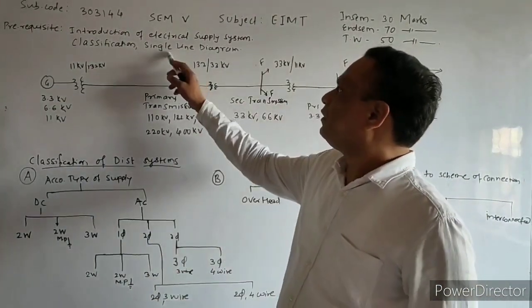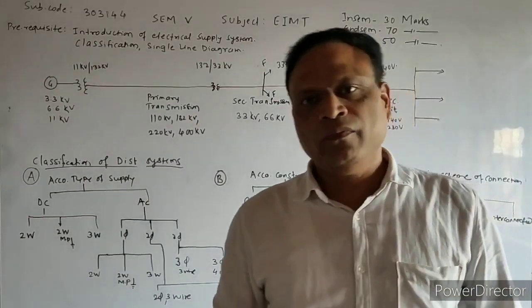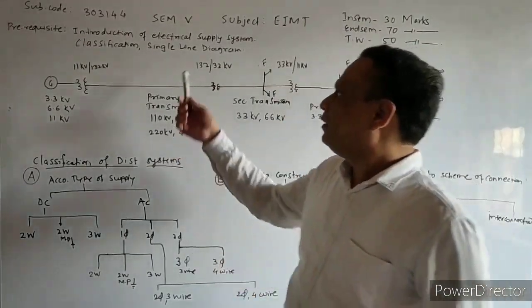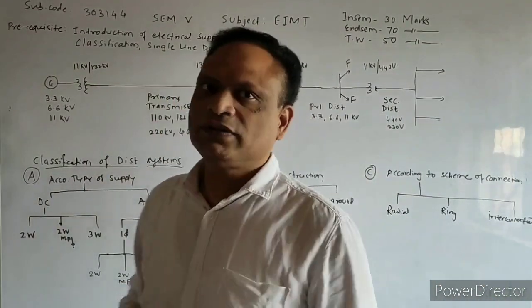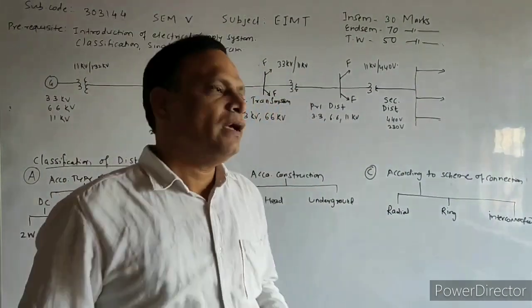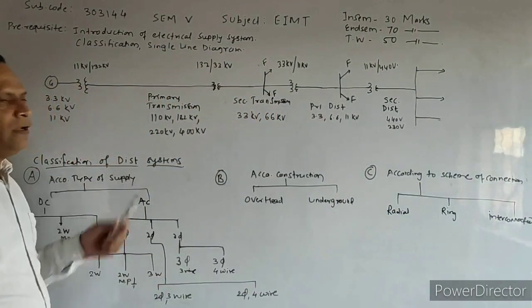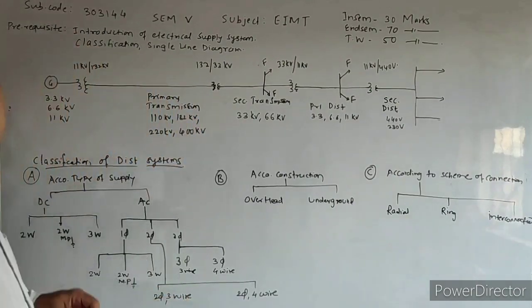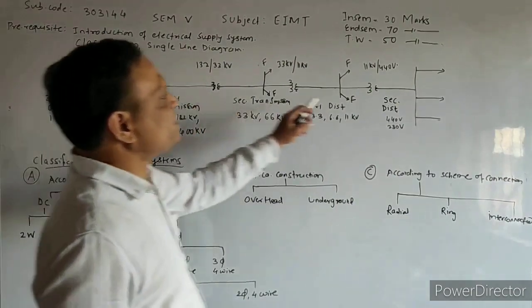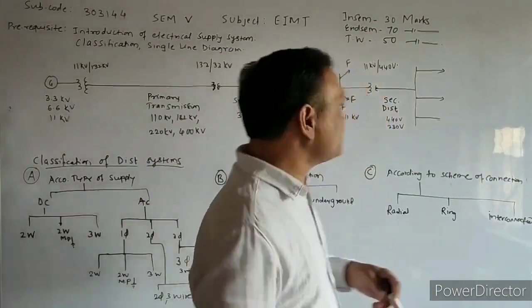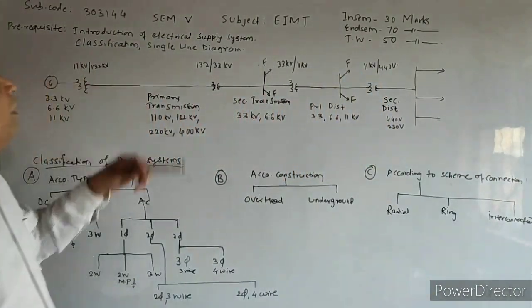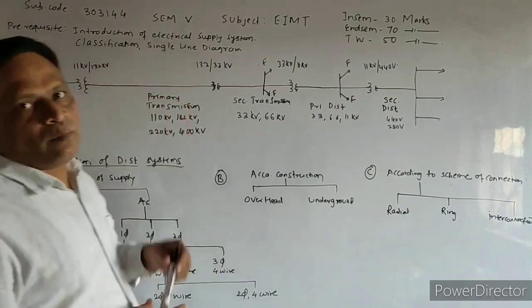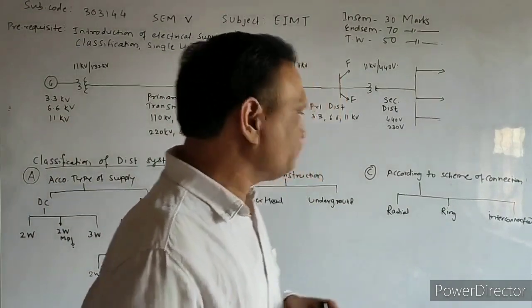and the next was single line diagram, and from that the next prerequisite was classification of electrical distribution system. Now see, with the help of this single line diagram we can understand electrical power supply system.